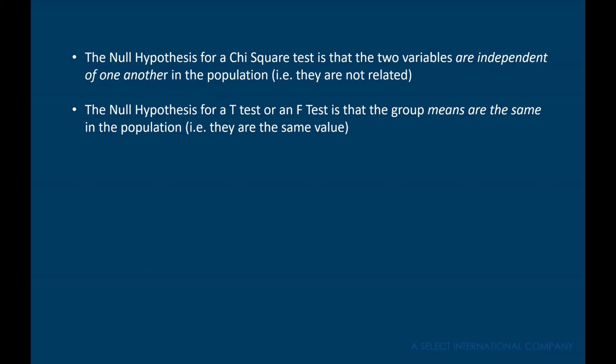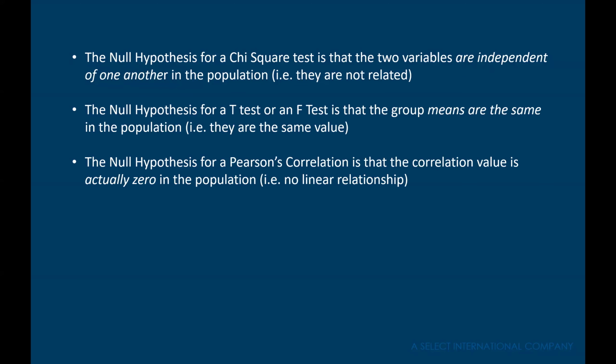For the t-test or F-test, the null hypothesis is that the group means are the same in the population, whether two means for males and females, or three groups. The null hypothesis for Pearson's correlation coefficient is that the correlation is actually zero in the population, that there is no linear relationship. Not that it's weak, not that it's negative, but that it's actually zero.